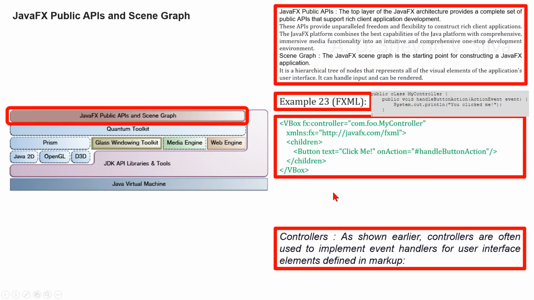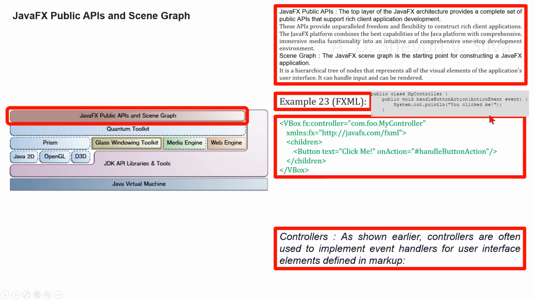Now we are considering controllers. As shown here, controllers are often used to implement event handlers for user interface elements defined in the markup. While it can be convenient to write simple event handlers in a script, either inline or defined in external files, it is often preferable to define more complex application logic in a compiled, strongly typed language such as Java.